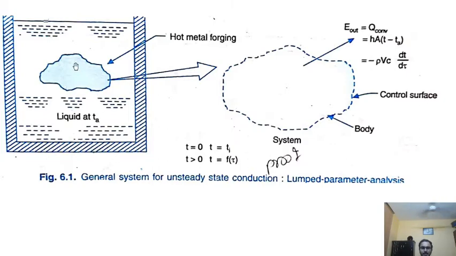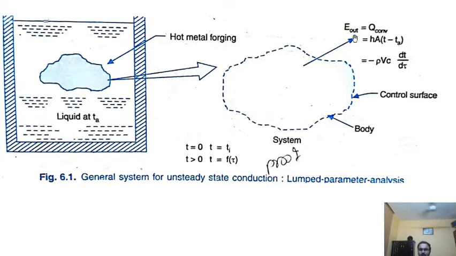And this hot metal forging is kept inside a liquid which is at Ta temperature. If we analyze the metal part, obviously we are assuming K tends to infinity. So there will be heat transfer from this metal to the liquid, and the second boundary condition is written as: when tau is greater than 0, the temperature is a function of time.